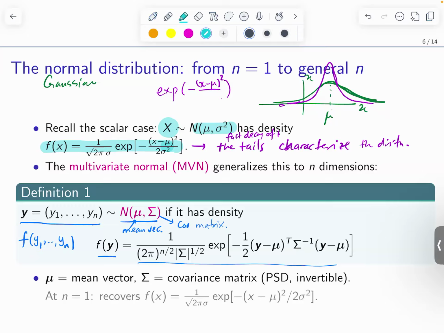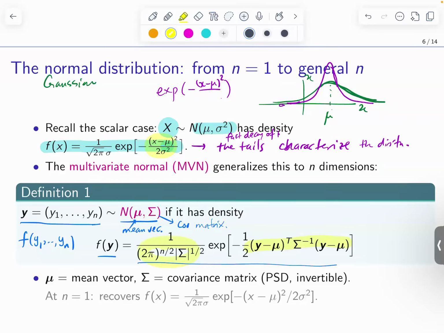And the characteristic again is that the tails, which are a little more complicated in this case, decay like a quadratic. This is a general quadratic. Here it was a univariate quadratic; this is a multivariate quadratic. So in all directions, it decays away from the mean. I'm going to show you a picture, but that's the key part.